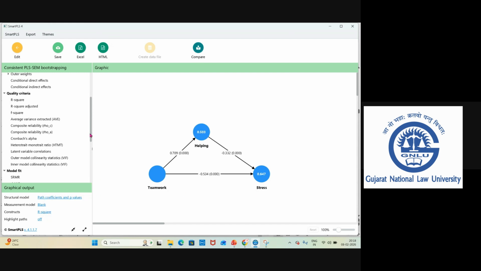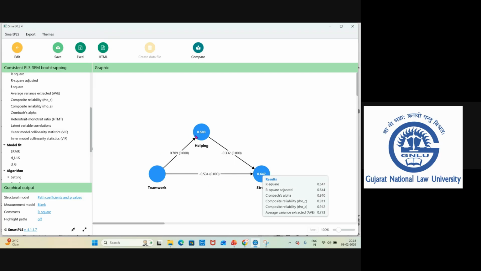Okay, I'm just using the R square. Now just look at here. Both the variables together, they're able to contribute 0.64, almost 0.647, almost 65%.